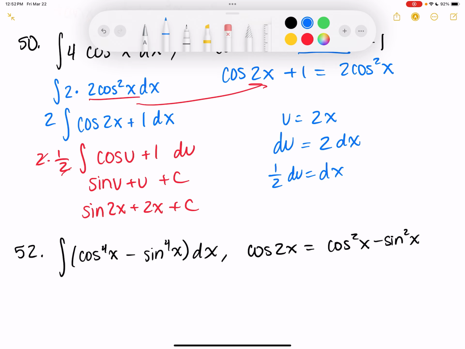So, let me write it this way. I'm not going to write the parentheses every time. Just know that there's parentheses there because of the dx. So, cosine squared of x squared minus sine squared of x squared. And then the dx obviously is with everything. Does that help you see what maybe is happening?